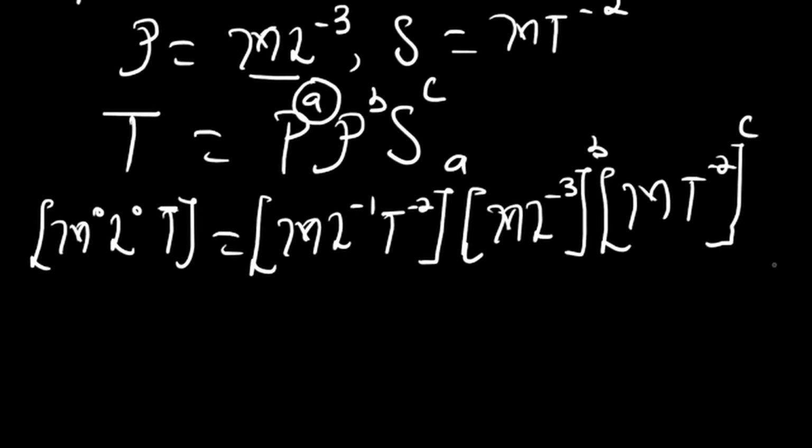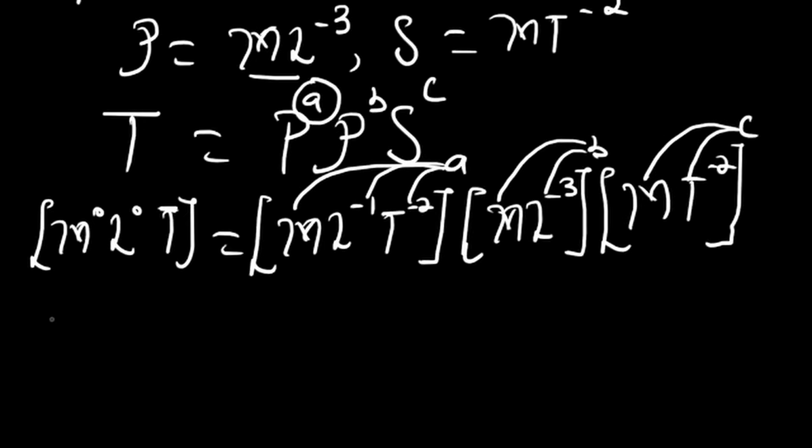Now, the next thing to do right here is to distribute the powers. We have to maintain the left-hand side, but we are going to distribute the powers. You can see that this is to the power of A. So this A goes to the M, it goes to the L, it goes to the T. This B goes to the M, goes to the L. This C goes to the M and also goes to the T. So that's how we distribute them.